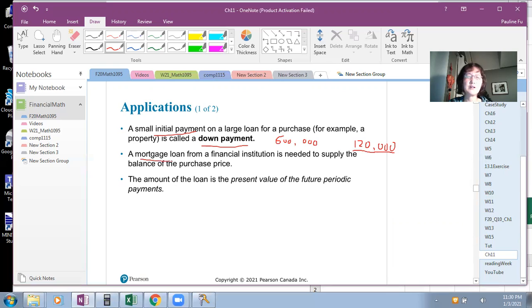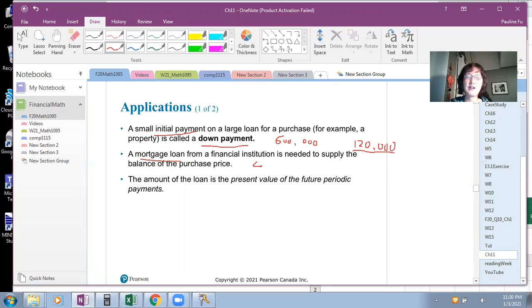So how much is the mortgage loan? It is just the difference between the house value, 600,000, and your initial payment. So the mortgage loan is 600,000 minus 120,000.